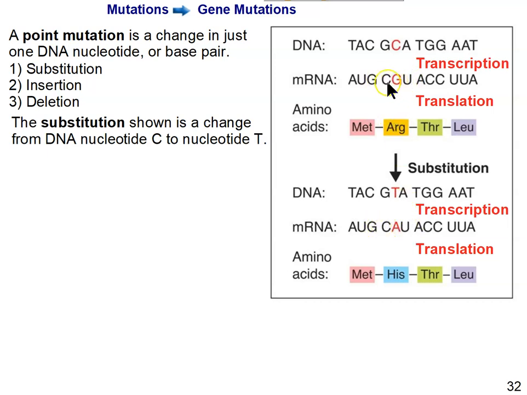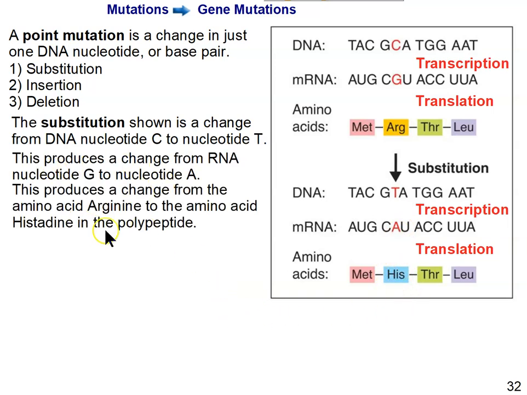So we go from a codon that is CGU, and if you look that up on the circular genetic code table, that codes for arginine. But after the mutation, the codon is CAU, which codes for histidine.